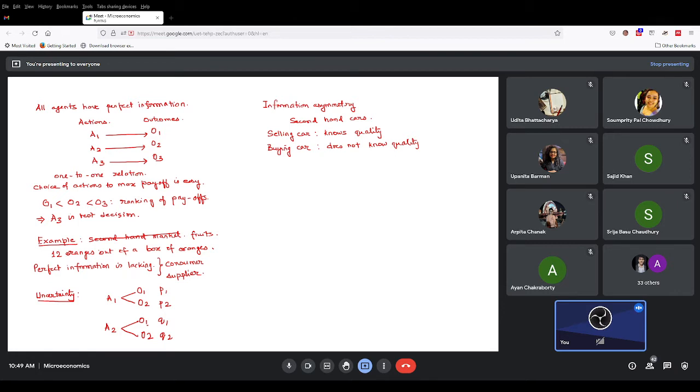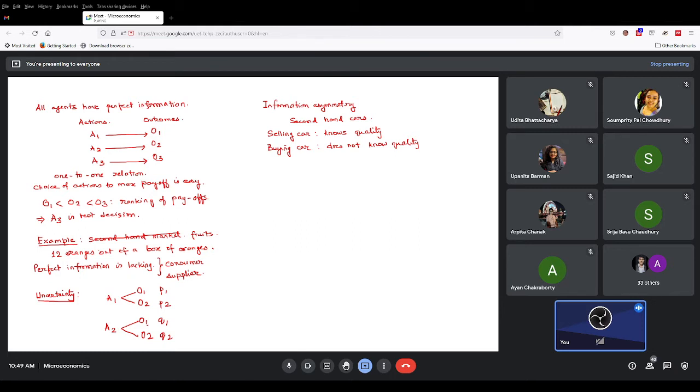But in case of cars, for instance, the seller knows what the actual real quality of the car is. So in this case, we have information asymmetry. When you are going to buy the car, you know that it is possible for the seller to trick you.